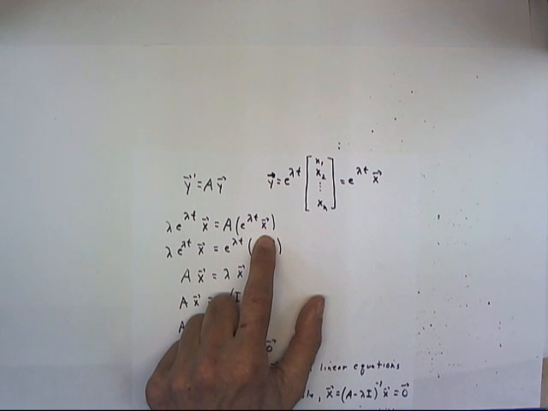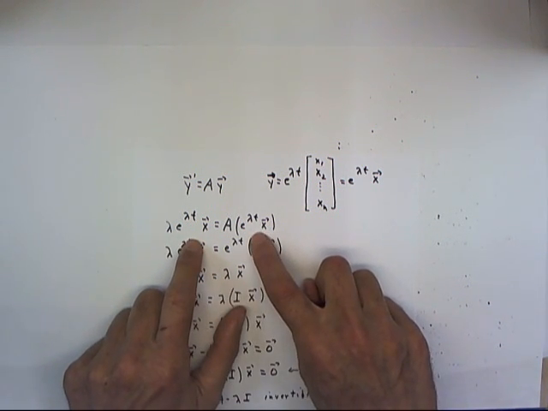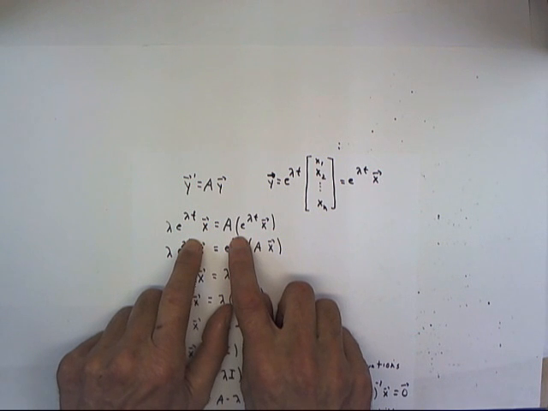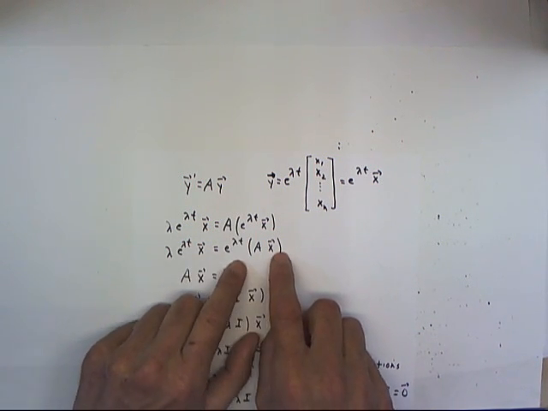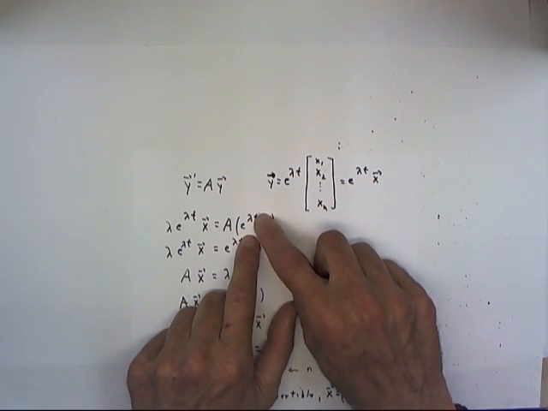Now we can manipulate this equation very easily using properties of matrix multiplication that we've mentioned, and that, as mentioned, you need to review. First thing we do is we can factor out this constant. E to the lambda t is just a constant.